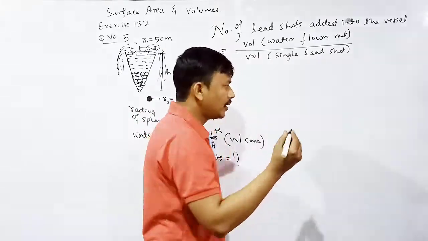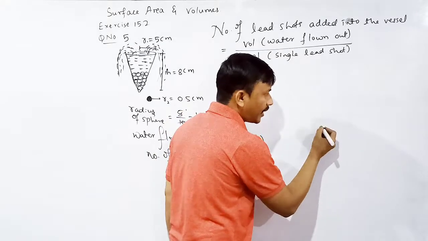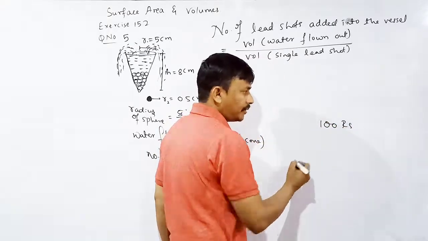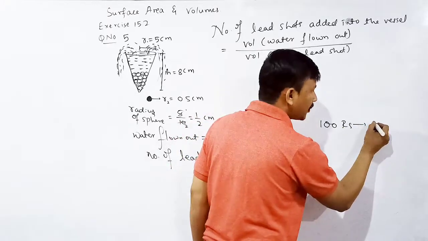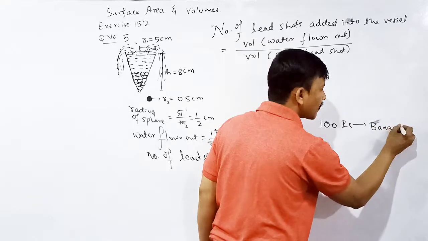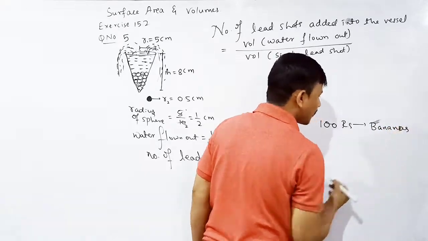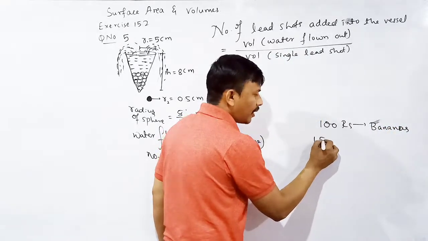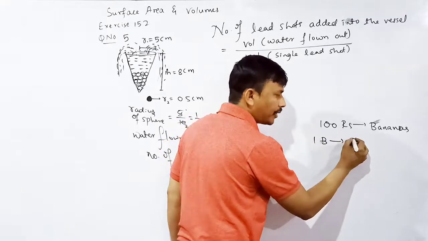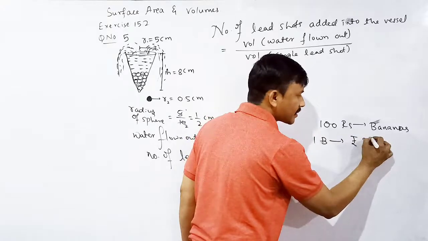For example, if you take 100 rupees and you go to the market to buy bananas. For one banana the amount is 2 rupees. Correct?